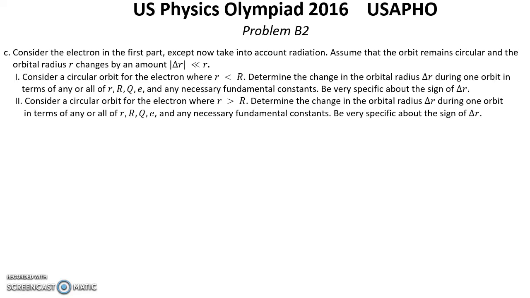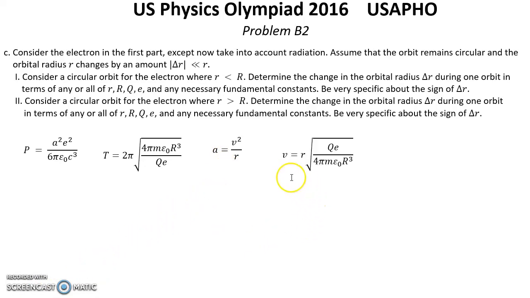So here we already know how to count the power of radiation. We have power equal to this expression. We have to count the acceleration and the period. Period was this one, and acceleration equals v squared over r. And we already counted the velocity. Velocity was this one.